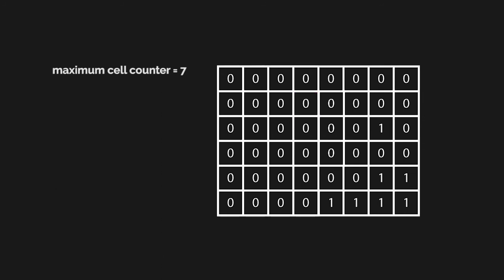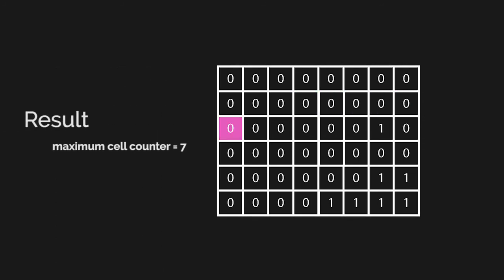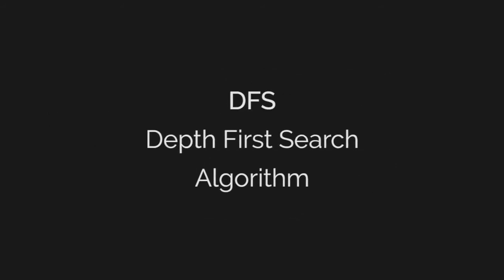After iterating through all the cells, the value of maximum cell counter will be displayed as the answer. This program can be classified under DFS or depth first search algorithm.